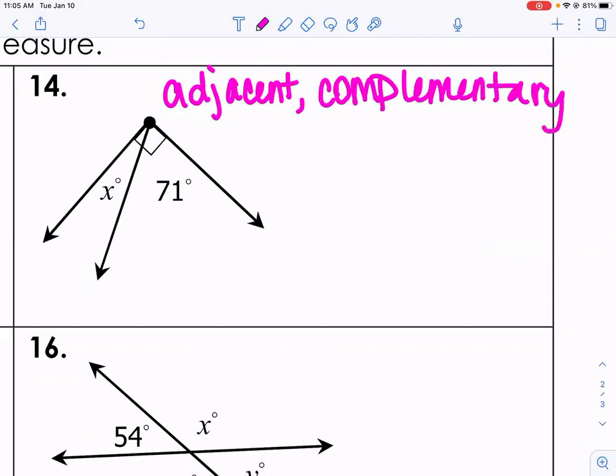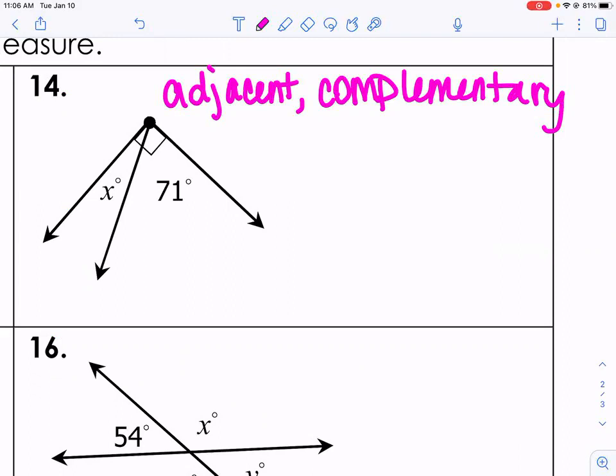So because we know that our two angles are complementary, what's special about them? What's special about complementary angles, Ryan? Both of them are 90 degrees? No. When you add them, they equal 90.